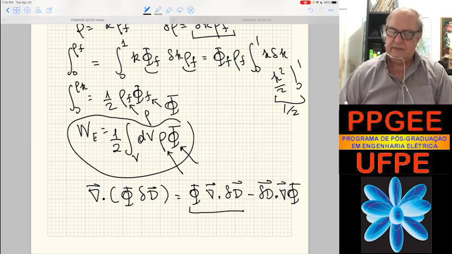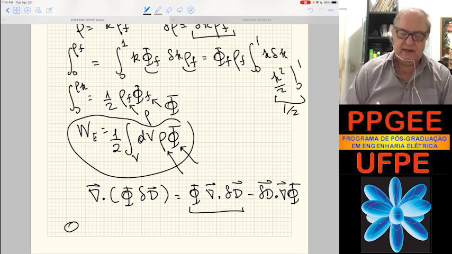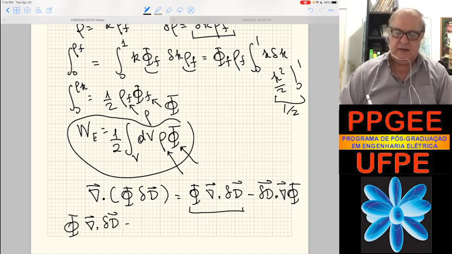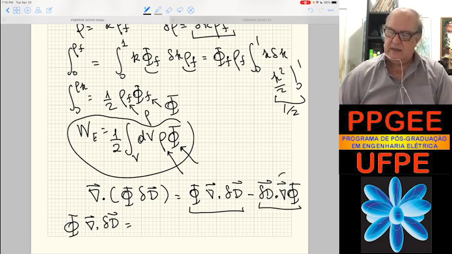So phi times the divergence of delta D, which is the original integral, equals one term which is this one, and this one is, sorry, this is plus. This is not right.